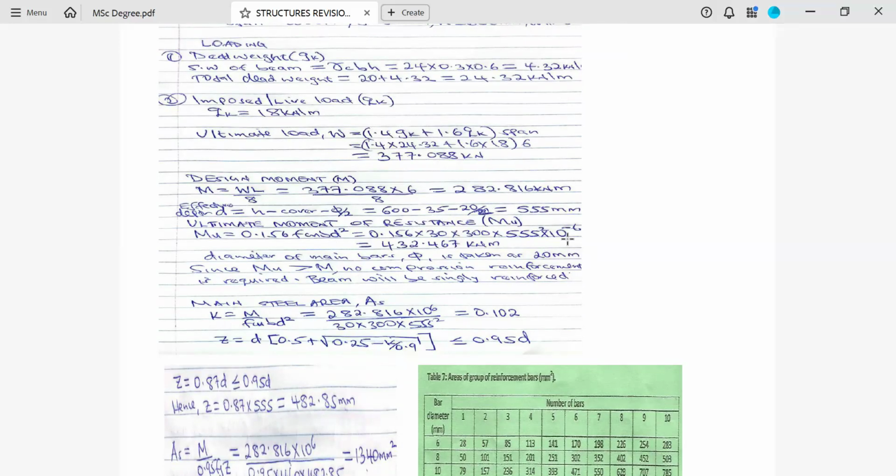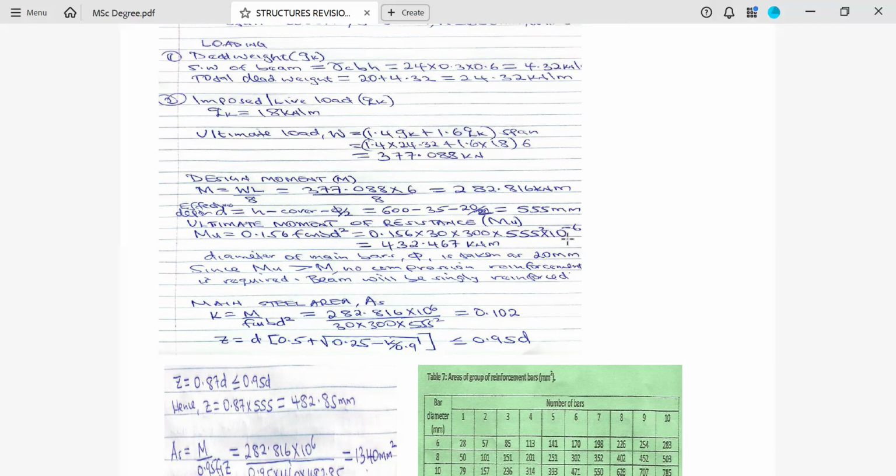Now from the BS 8110 code, we are told that Z is equivalent to d times bracket 0.5 plus the square root of 0.25 minus K over 0.9, but this value should be either equal to or less than 0.95 d. What does it mean? It means if you get a value of, assume, Z is equivalent to 0.92 d, that is okay.